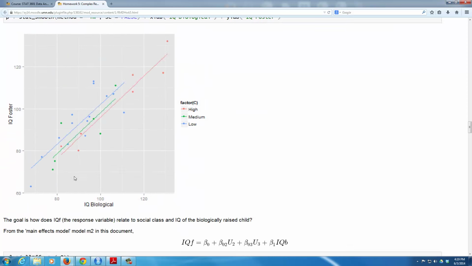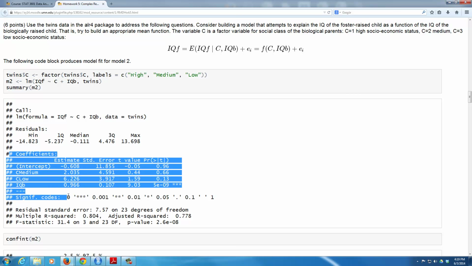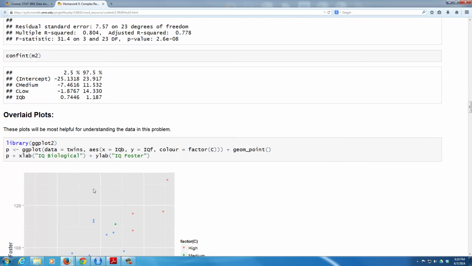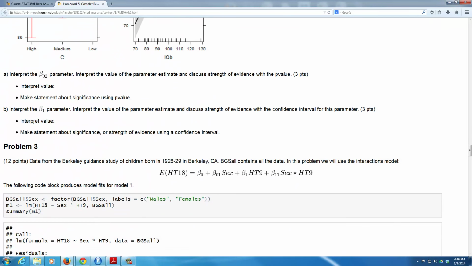The model output is given right here again, and so use the estimated slope coefficient in the output to interpret the value, and then use the confidence interval for that coefficient to make a statement about the relationship, and is there a relationship between the biologic and foster IQs based on that parameter.